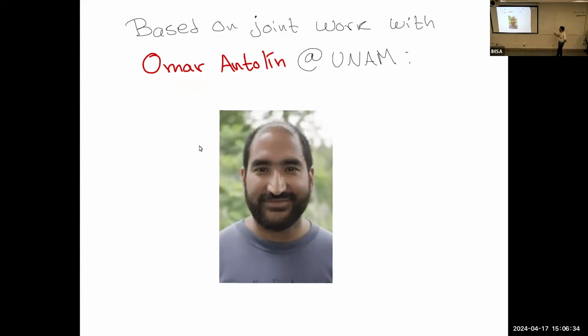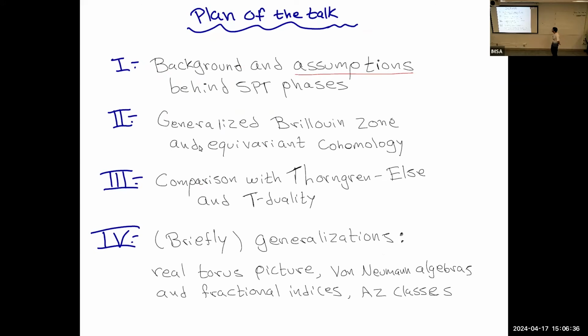So this is the outline. First I'm going to give some background and some of the assumptions behind what people do to classify what are known as SPT phases. Then I'm going to present a formalism that Omar and I did, which I call a generalized Brillouin zone, and then you can use equivariant cohomology to say something about interacting crystalline phases.